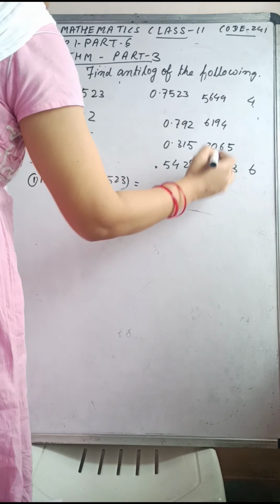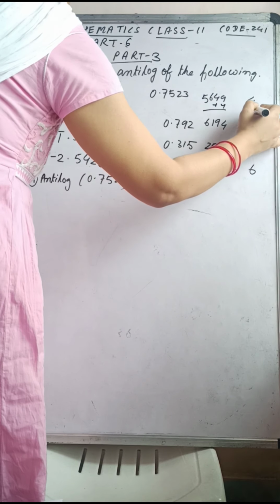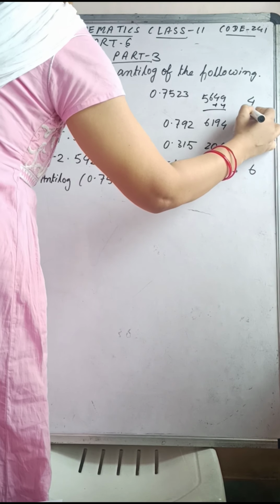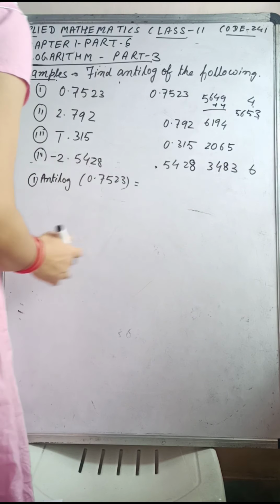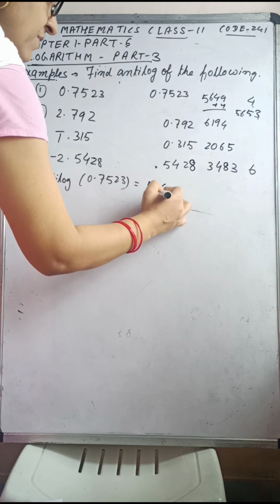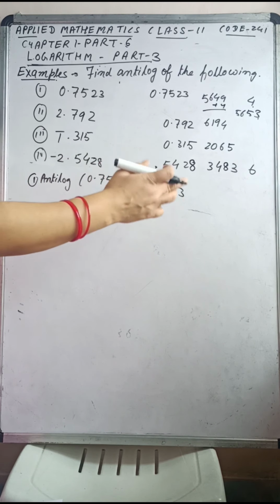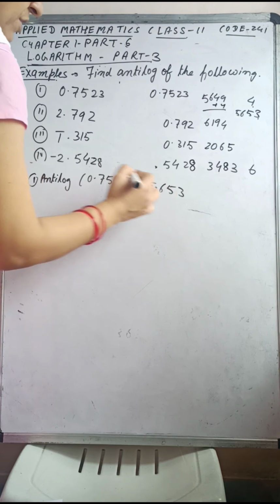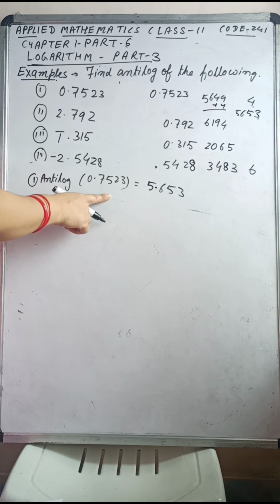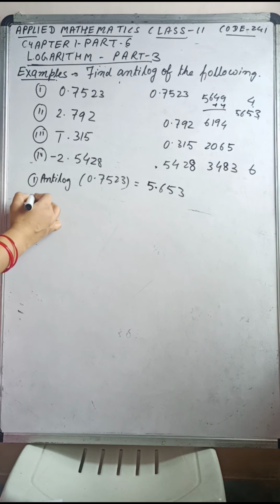So we will be adding this. 9 plus 4 gives 13, 5, 6, 5. So its value is 5653. Now the characteristic is 0, positive. So 0 plus 1 is 1. So we will be putting the decimal after one digit. So antilog of this is 5.653.